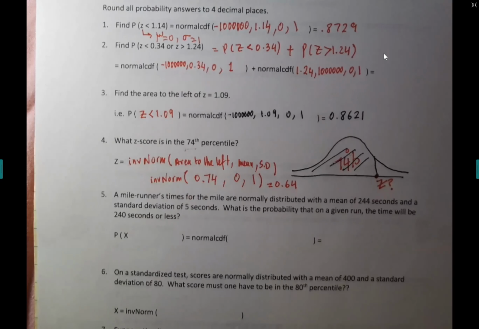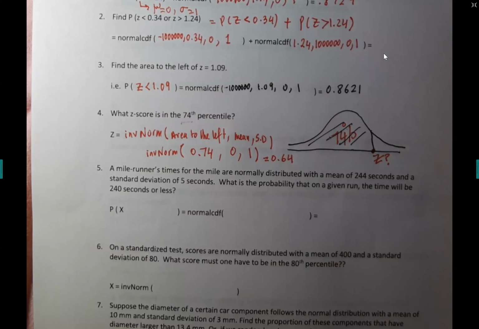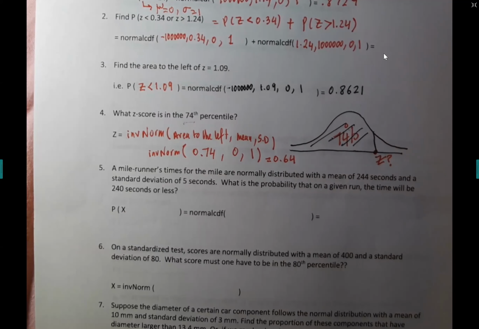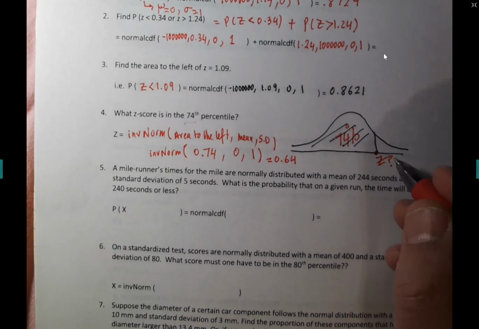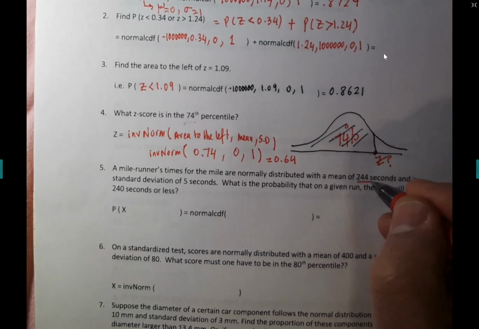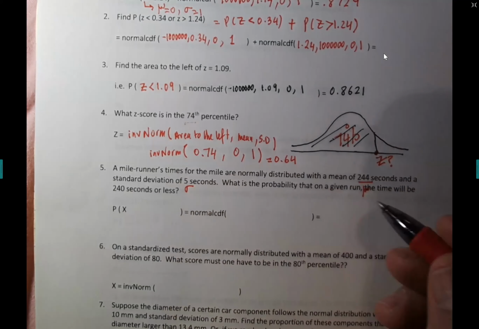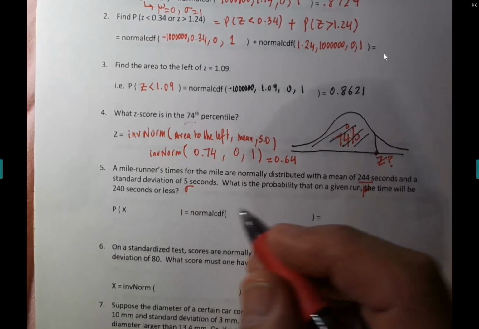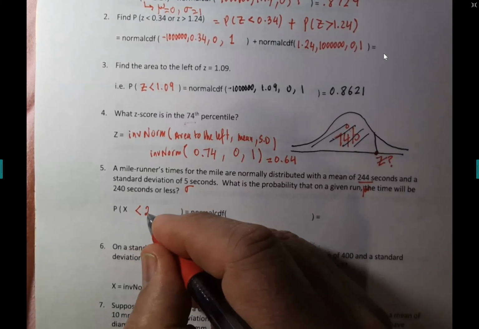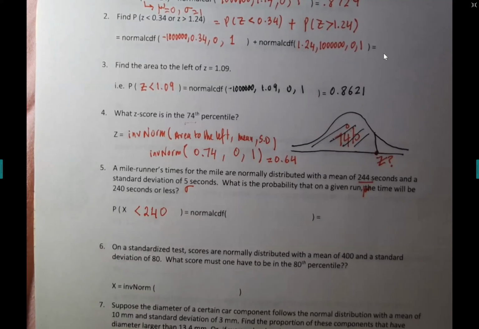Number 5. A mile runner's times for the mile are normally distributed with a mean of 244 seconds and standard deviation of 5. What's the probability that in a given run, the time will be 240 seconds or less? So less than 240, guys. That should be very straightforward.